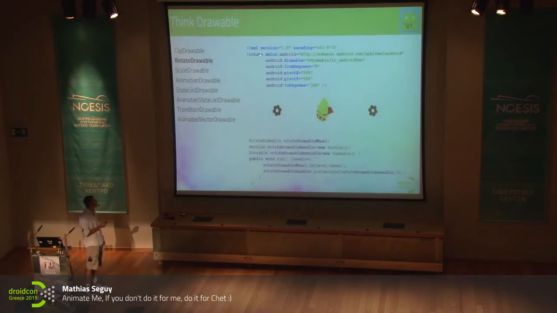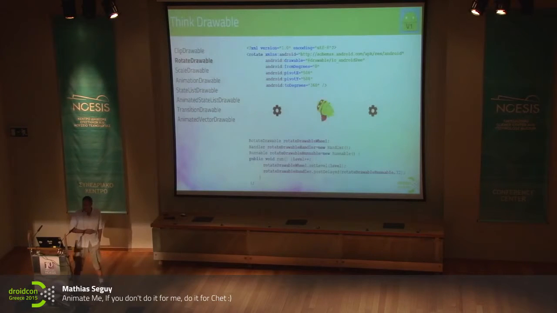You say, okay, I'm a rotate drawable. I'm rotating this drawable from degree to degree. Where is the center? And then again, you find your drawable. You define your handler, your runnable, and in your run, you just increment or decrement the level, depending on what you want to do. And you set the level on your drawable, and you post the runnable in 32 milliseconds or 16. But 16 is too heavy for the system.